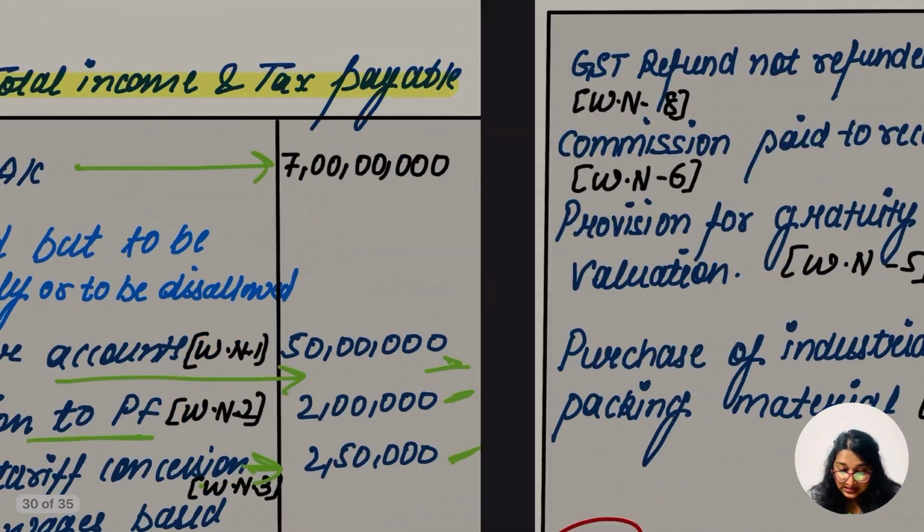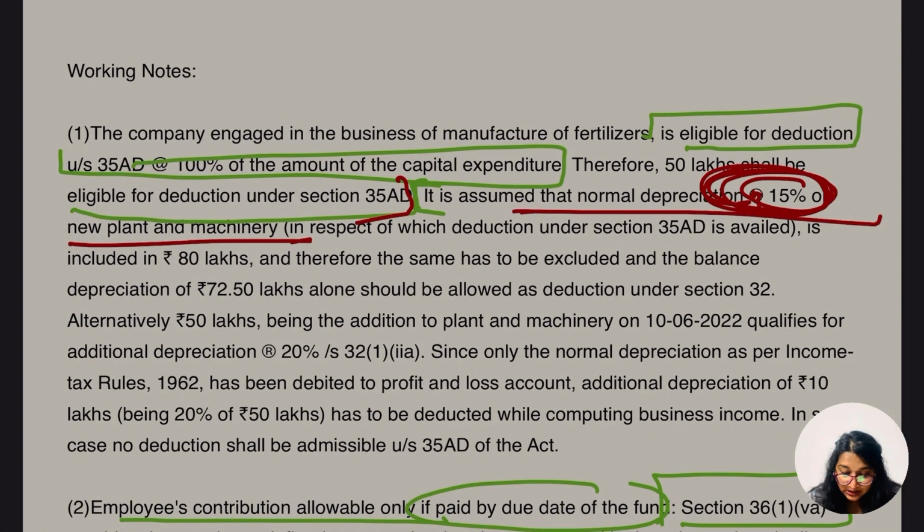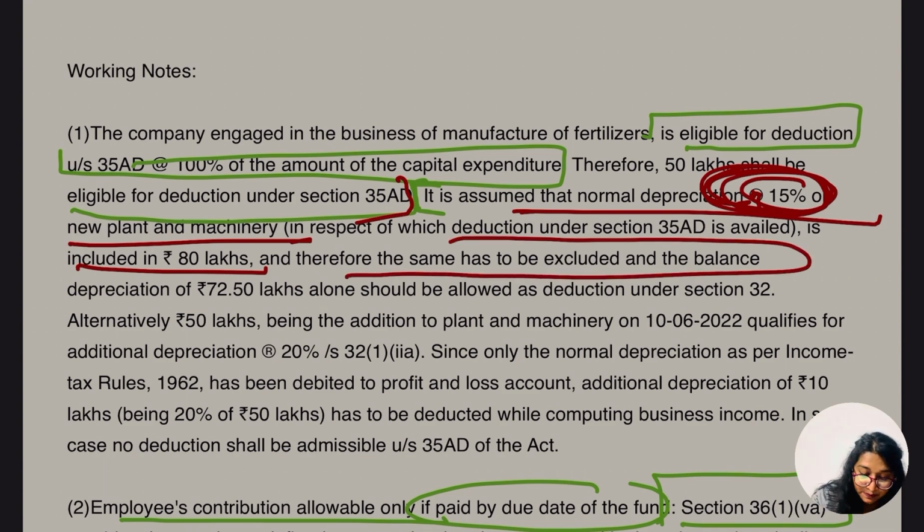So this part is specifically saying it is assumed that the normal depreciation, which is 15% of new plant and machinery in respect of deduction under section 35AD, is availed and is included in 80 lakh 30, and therefore the same has to be excluded and balance depreciation of 72.50 is going to be allowed. 72 lakh 50, okay, is going to be allowed.